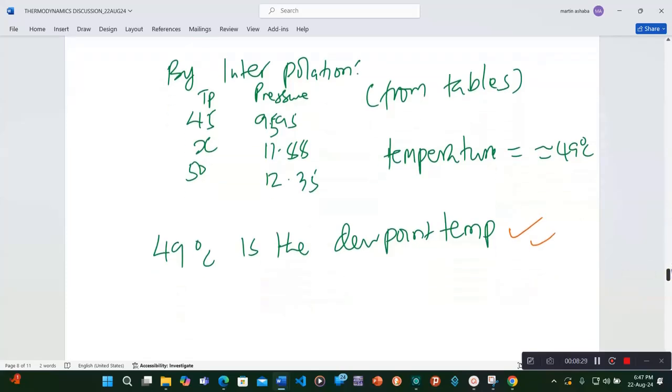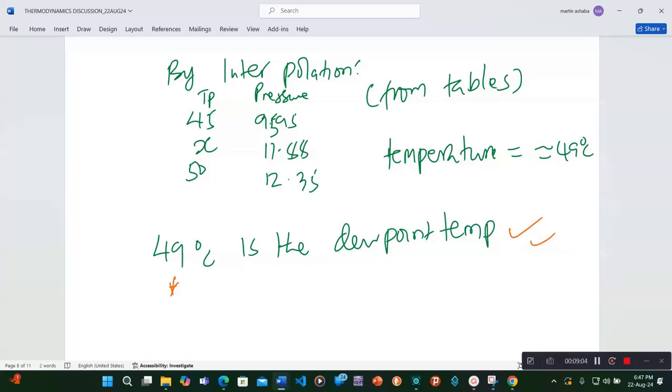And we said this temperature is very important because should the temperature of the products reach this 49 and go below, then the water vapor will condense. So if it condenses, it is undesirable because that water mixed with some other products like carbon dioxide, you get carbonic acid, which can corrode the components of the system.